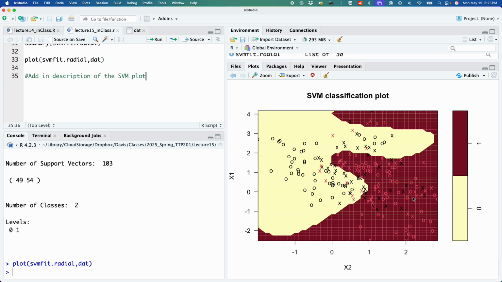So do you want a high value of support vectors or a low value of support vectors? Or the value's not as important? The value is not as important as the size of the margin.